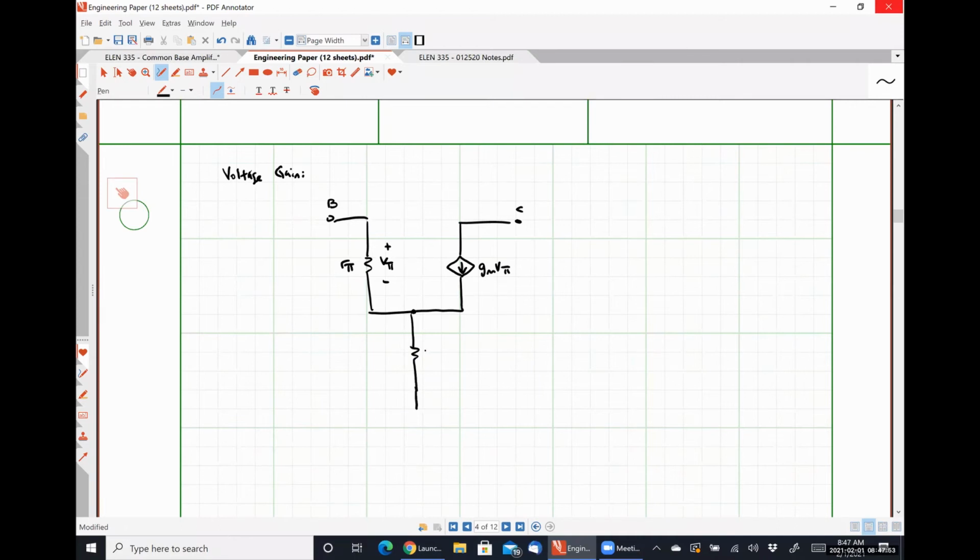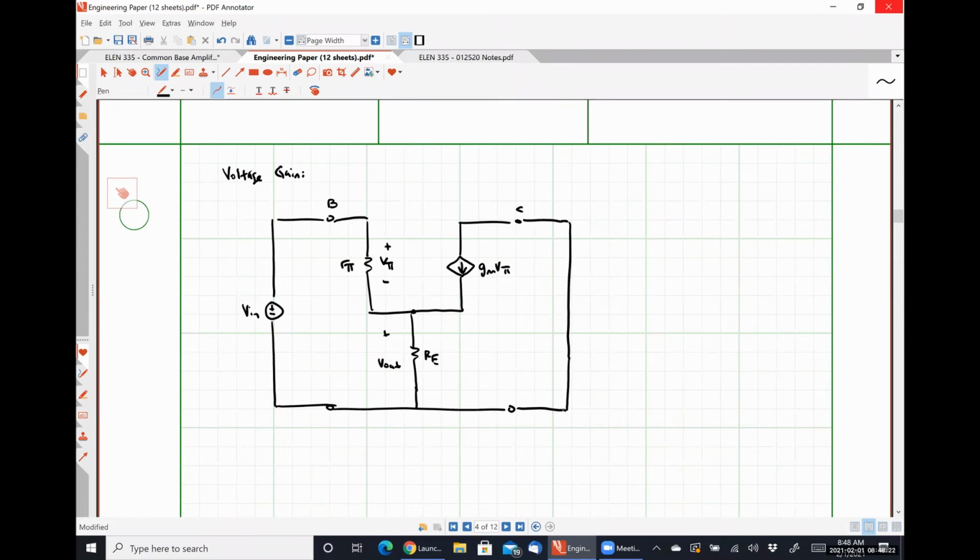Here's our emitter resistor, Re, over which we are taking our output voltage. We are applying our input voltage to our base. And because our collector is connected directly to our power supply voltage, we short that guy out.